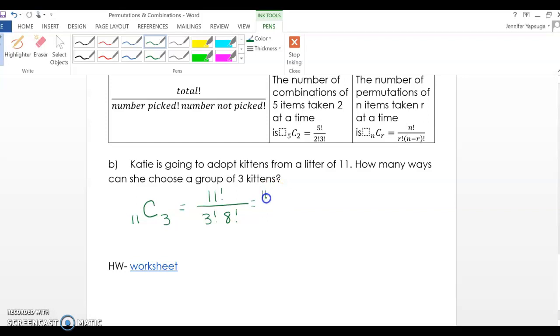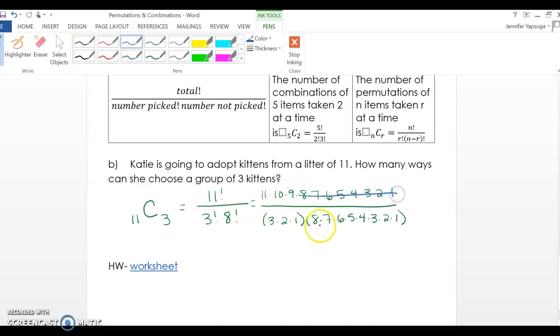So this becomes 11 times 10 times 9 times 8 times 7, 6, 5, 4 times 3, 2 times 1 over 3 times 2 times 1, and then 8 times 7 times 6 times 5 times 4 times 3 times 2 times 1. And then we can get our pen out to cross out our 8 through 1.